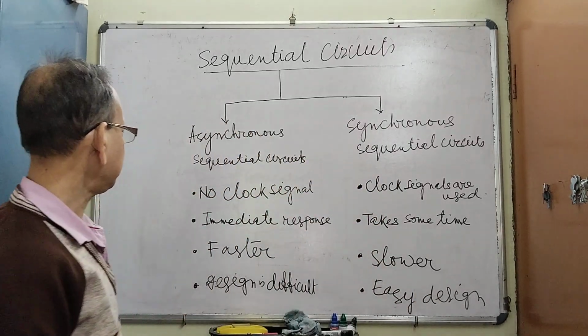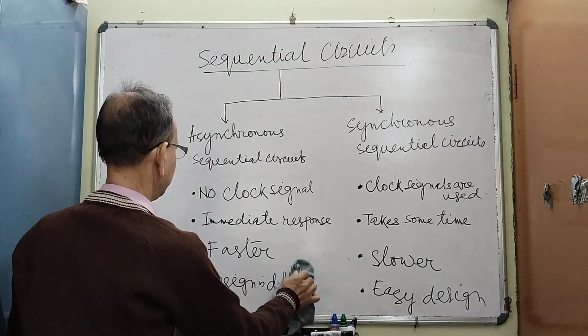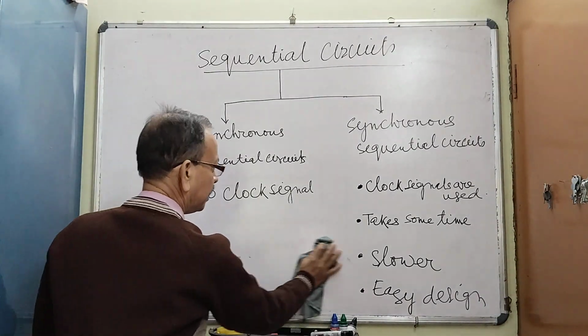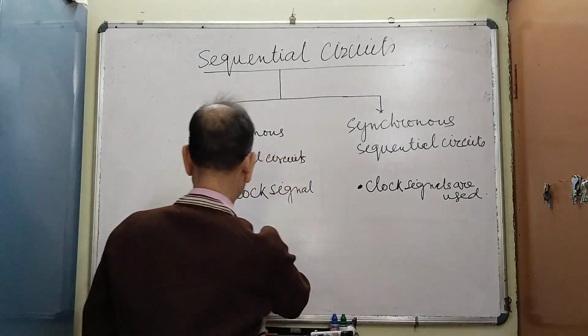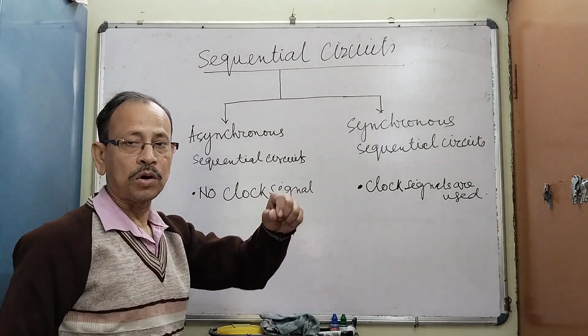Okay. Now, what is the basic circuit diagram? Now I erase these three points, and keep the first point, no clock signal and clock signal.